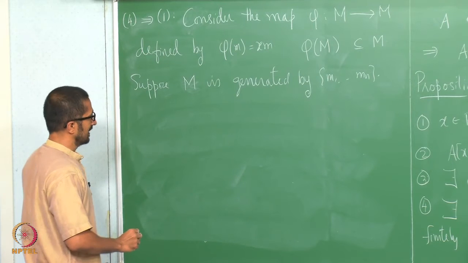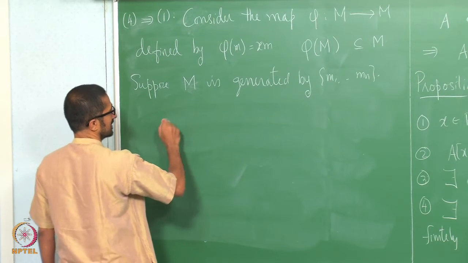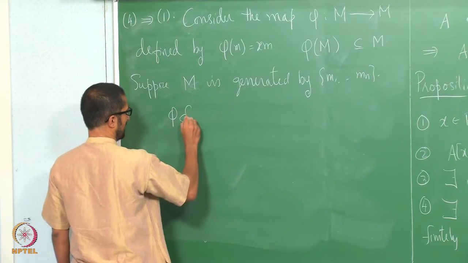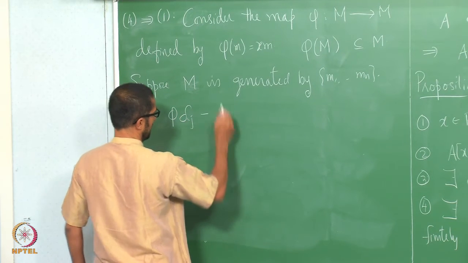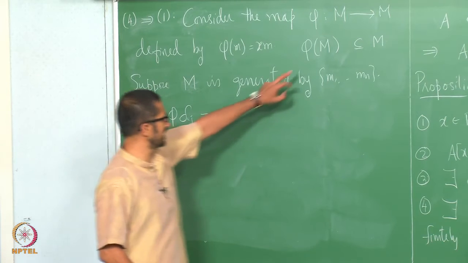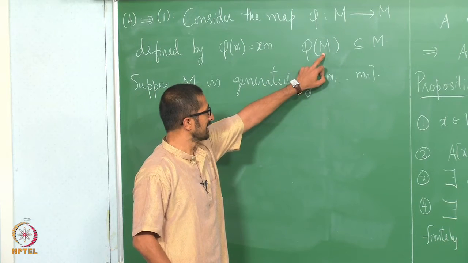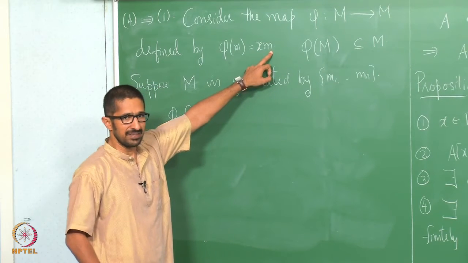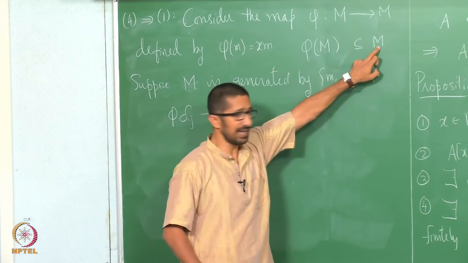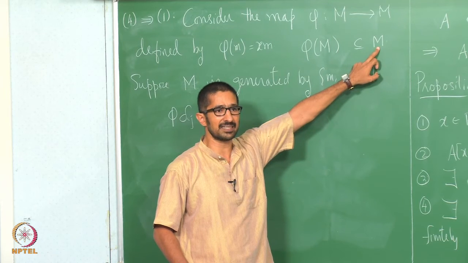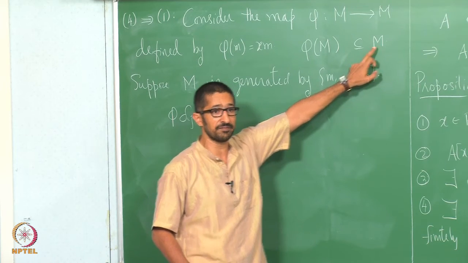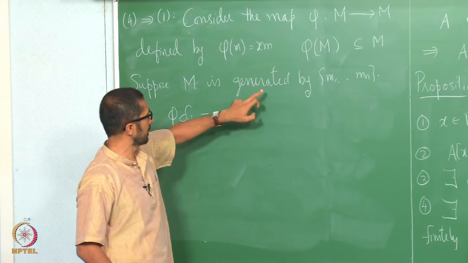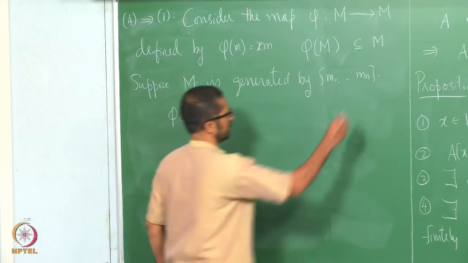Then each x mi is an element of M, and hence I can write it as a finite linear combination of m1 up to mn over A.